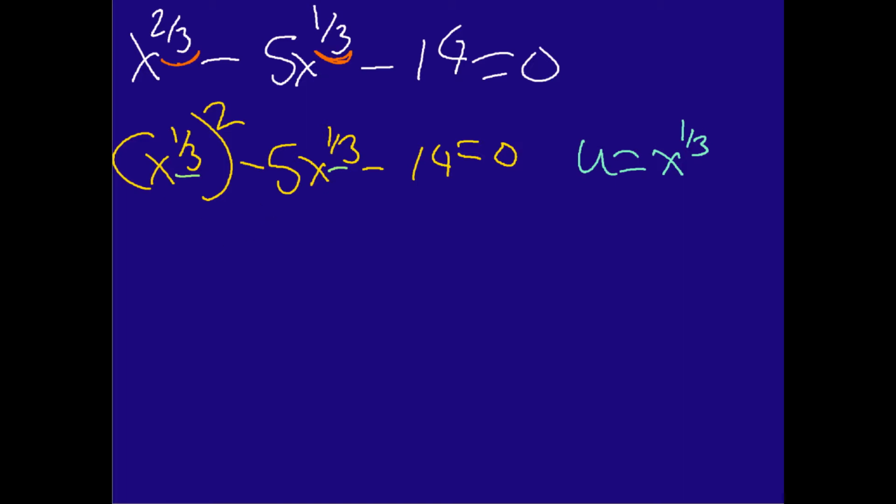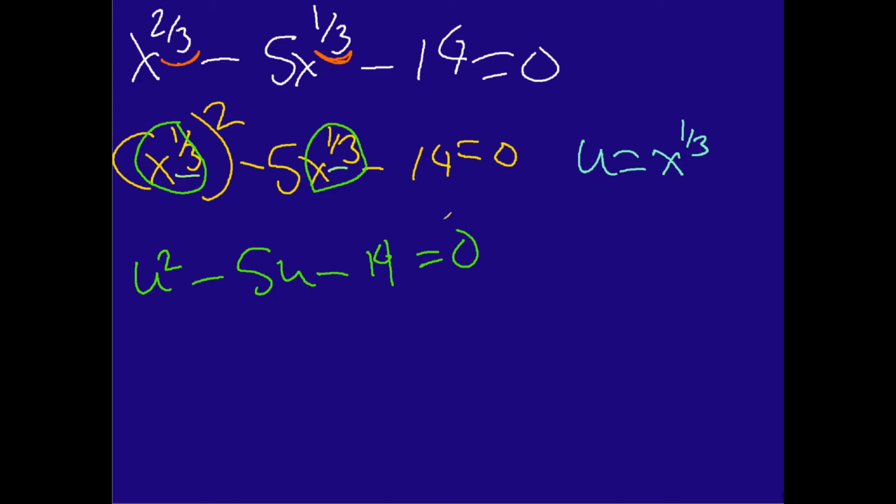Instead of having x to the 1/3 raised to the second power, we're going to have u squared, because that's what's inside here, minus 5u, because that's what this is right here, minus 14 equals 0.